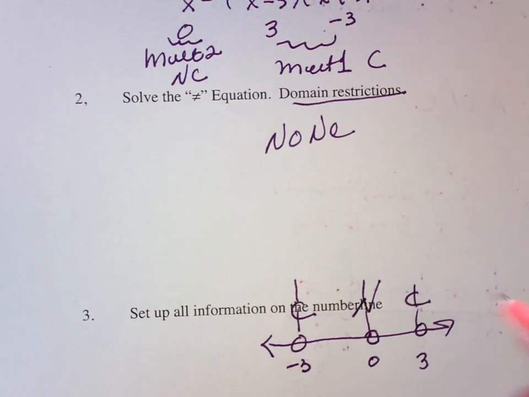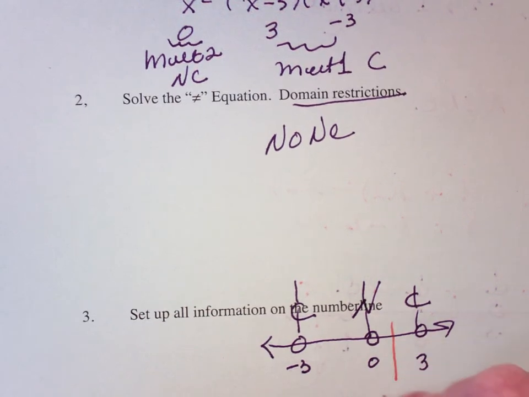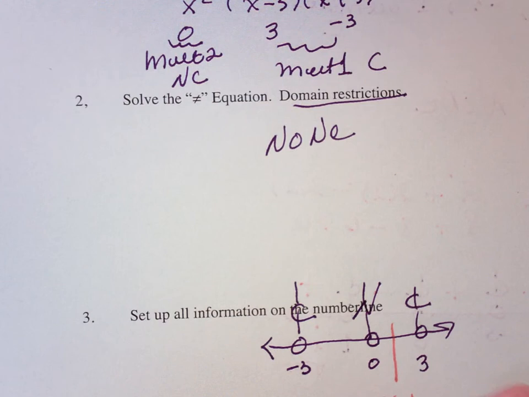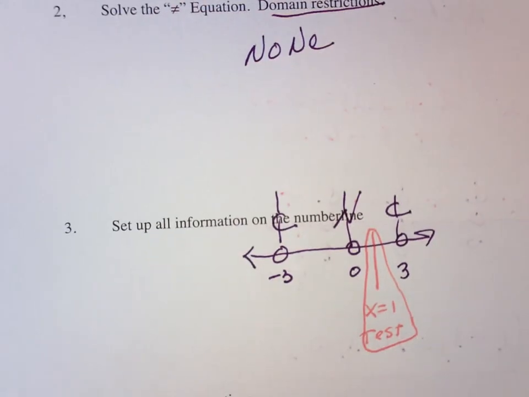Now my second favorite number is available to me, so I'm going to pull a test point. And by the way, I tend to try to circle this, try to move this sucker out of the way, because what happens is if I'm not careful, I begin to include it in my answer. I just do. I do stupid things like that.